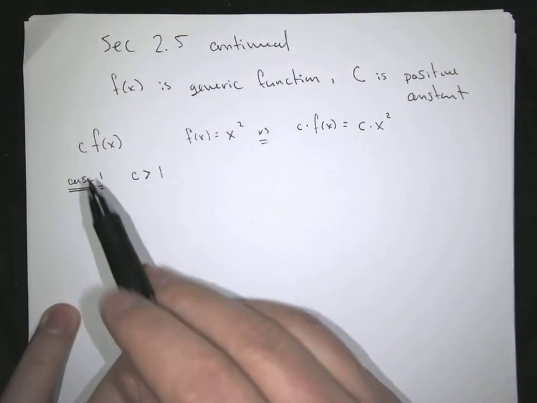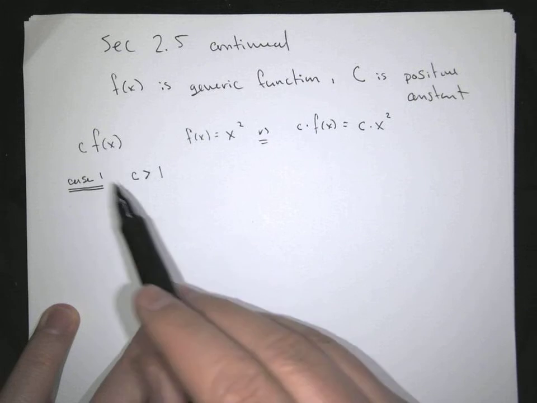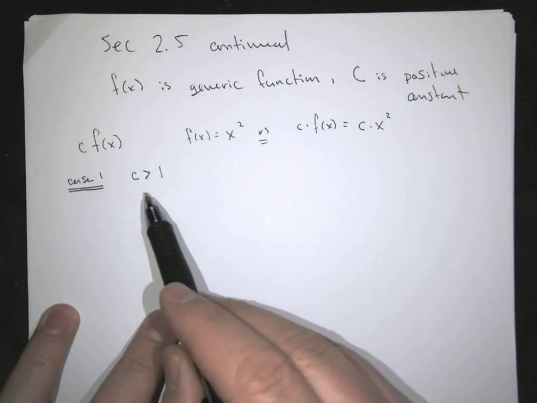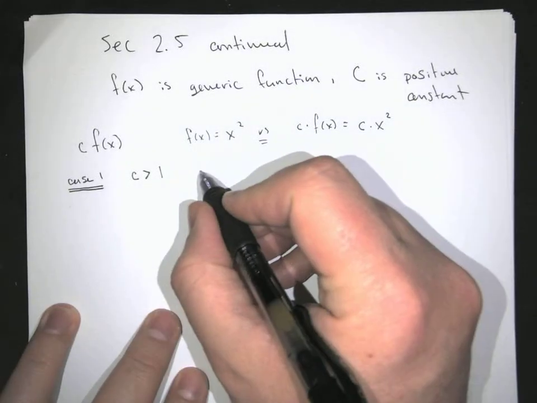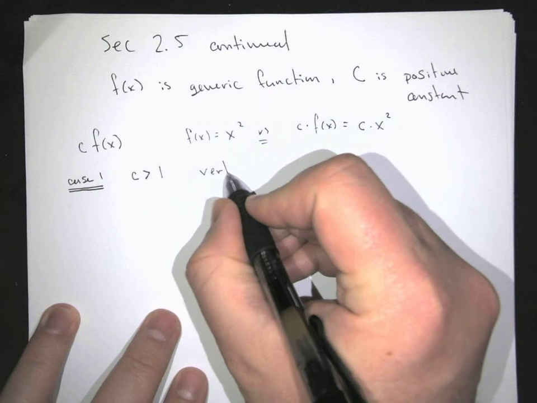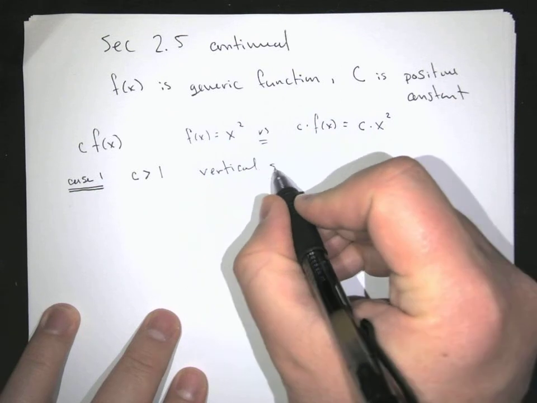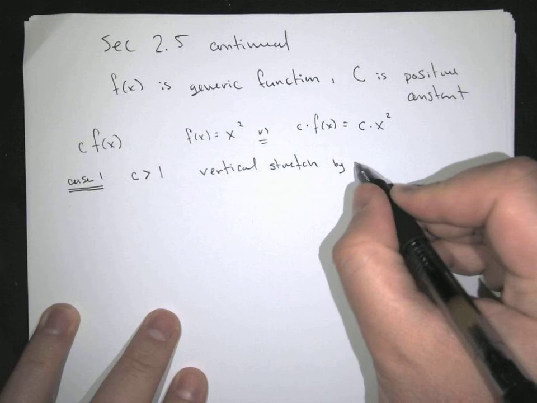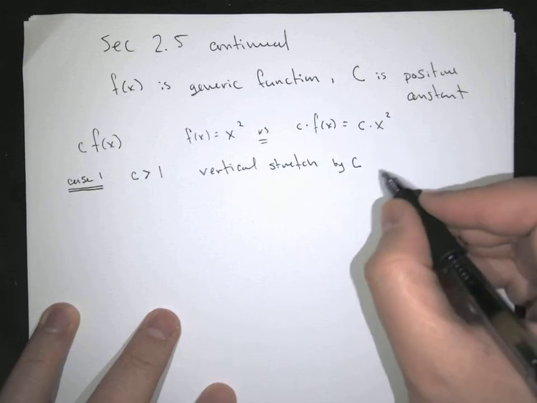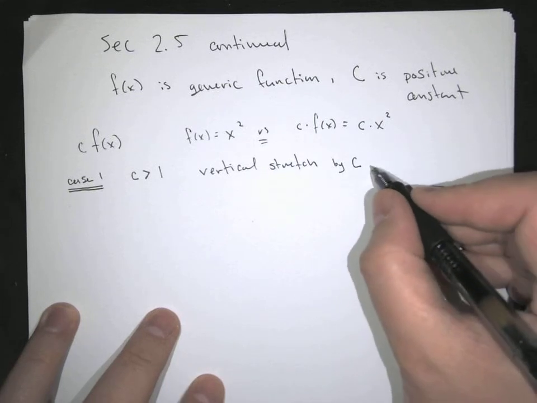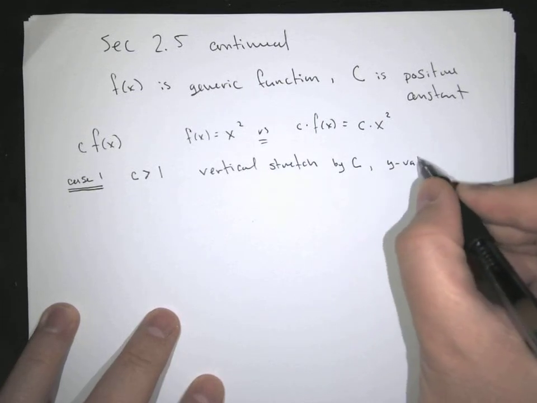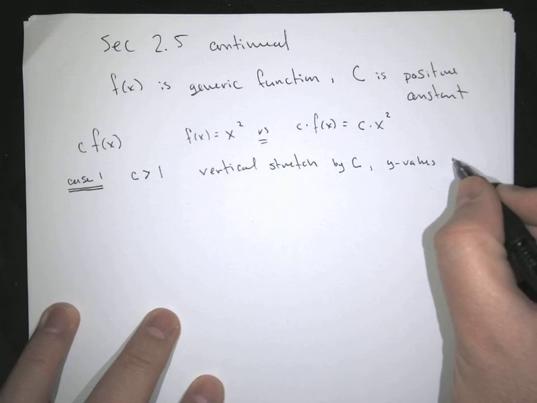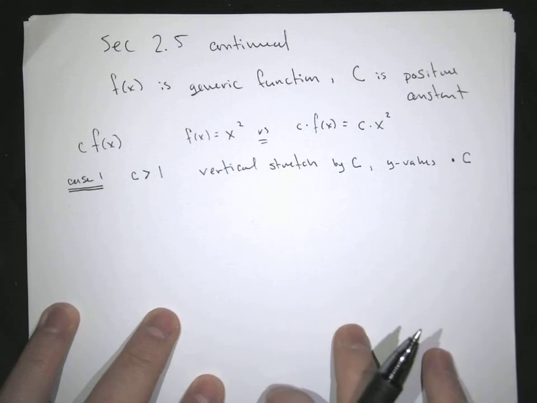If we multiply the outside by our constant and it's larger than 1, this is the most intuitive. What we're going to get is a vertical stretch by whatever our constant is. Our y values are going to be multiplied by c.